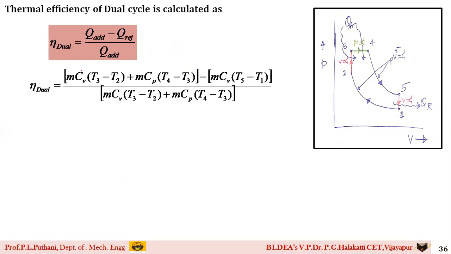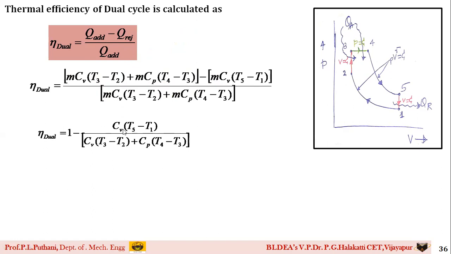Now the common term m gets cancelled on both the numerator and denominator sides. Then I shift the entire term to the other side. So it becomes in this fashion, that is 1 minus CV (T5 minus T1) by CV (T3 minus T2) plus CP (T4 minus T3).